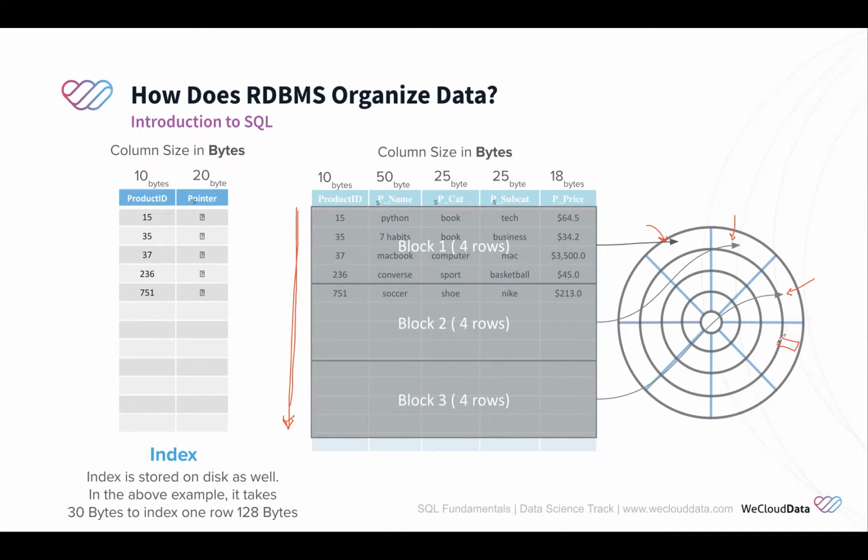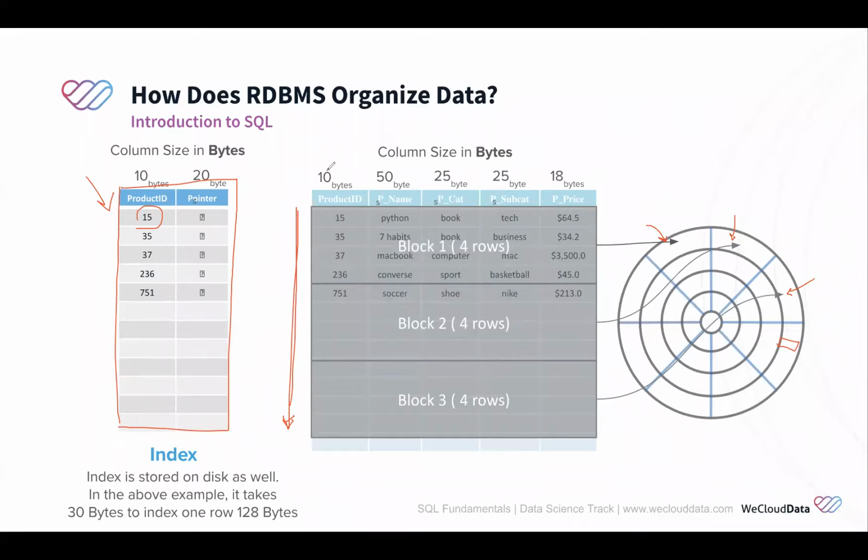And index can help, right? So index on the left-hand side, this is another table, but think of it as a table that's stored in a more optimized way, okay? It's using some sort of tree structure to store the index. And think of it as a pointer.